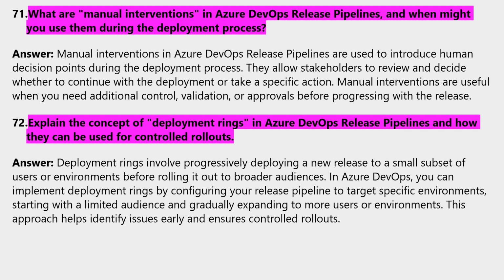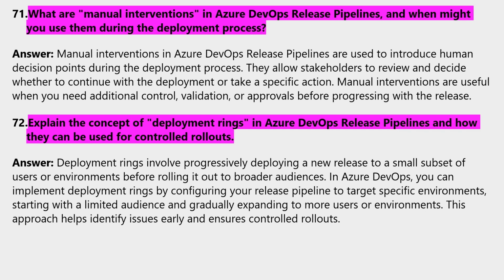Manual interventions are useful when you need additional control, validation, or approvals before progressing with the release. Explain the concept of deployment rings in Azure DevOps release pipelines and how they can be used for controlled rollouts. Answer: Deployment rings involve progressively deploying a new release to a small subset of users or environments before rolling it out to broader audiences.